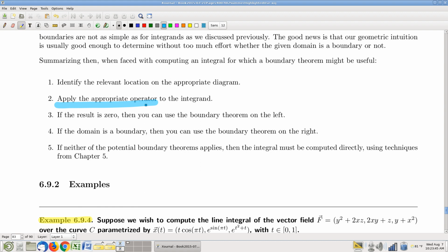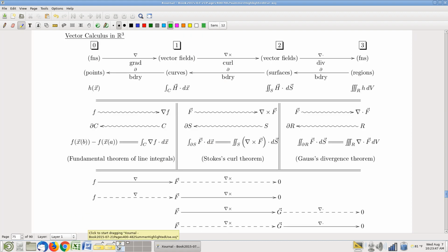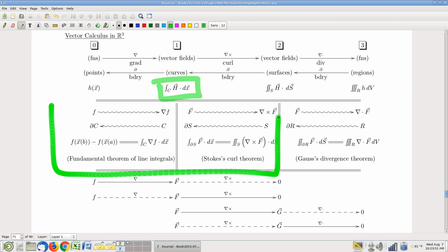Let me go back to the diagram for a second. Let's say I want to compute a line integral. Here are my two candidate theorems. How am I going to decide if I can use the fundamental theorem? Well, I need to decide, is there an anti-gradient? And we have a tool for deciding that. It's called take the curl.